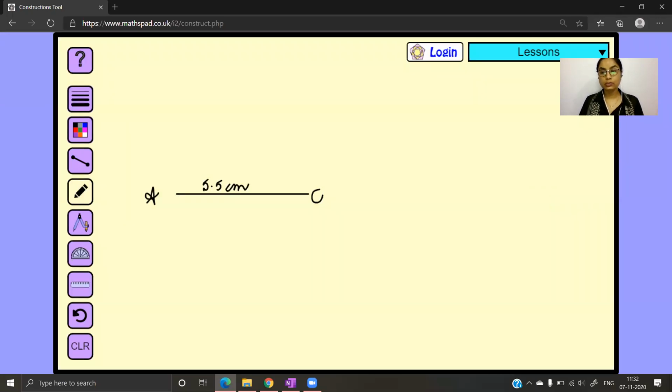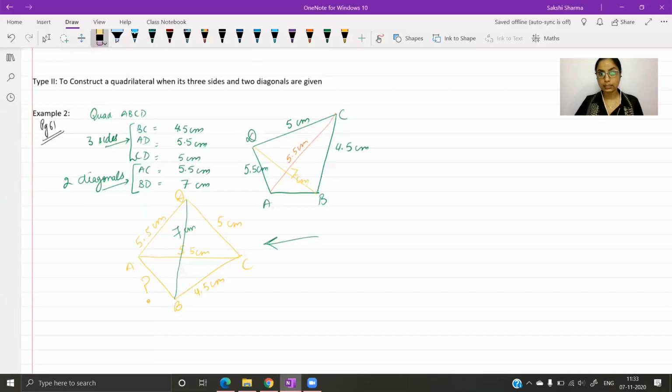And now I'm going to construct the triangle on top. You can refer to your rough sketch on the top of your diagonal above. So from point A, we need radius 5.5 centimeters.